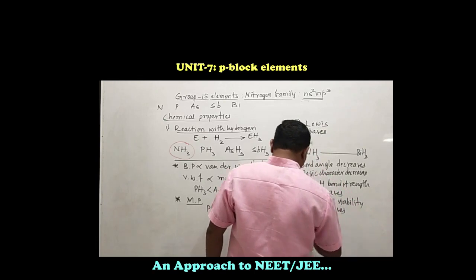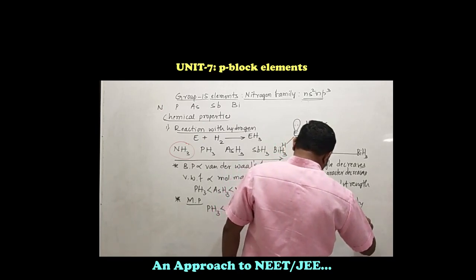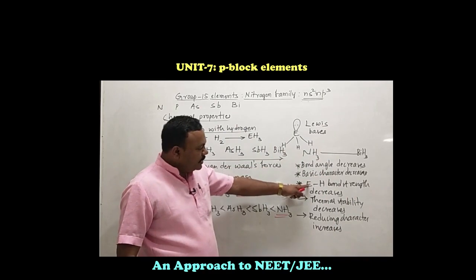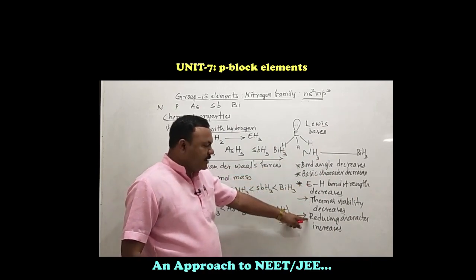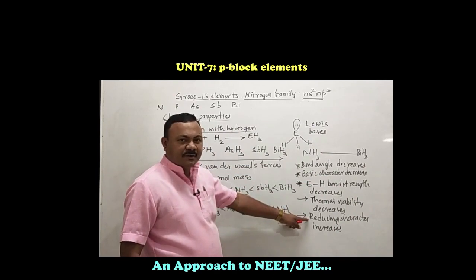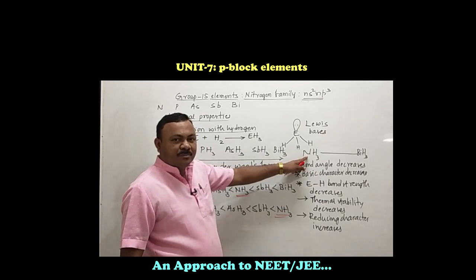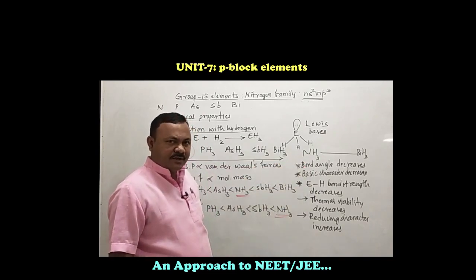Due to decrease in thermal stability, reducing character goes on increasing. So which is the strongest reducing agent out of these hydrides? From ammonia to bismuthine, bismuthine is the strongest reducing agent.